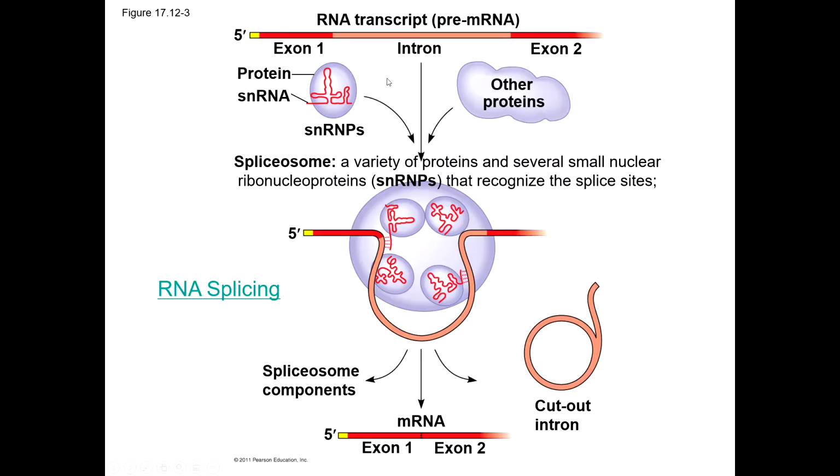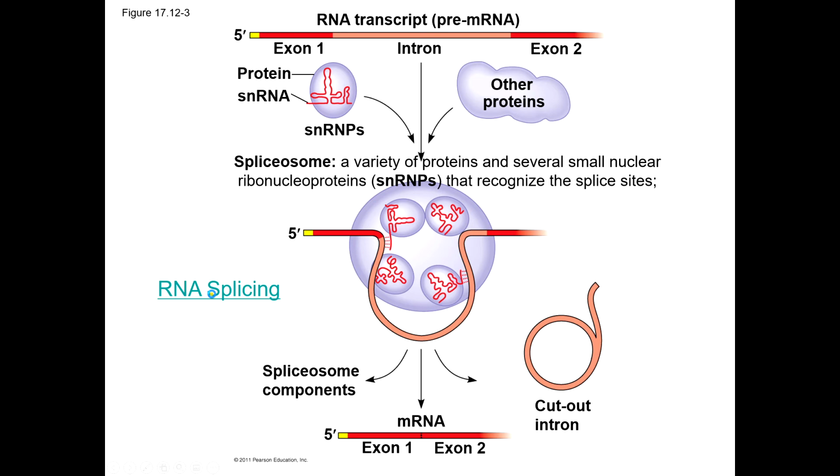So looking at the RNA transcript here, how do we get those introns out? We use a variety of proteins and several small nuclear ribonucleoproteins, called snRNPs, that recognize these splice sites. Notice that they attach to either end of the intron, and they cause this loop, and then enzymes will cut that loop out. So here's your cutout intron, and other enzymes will splice it back together.